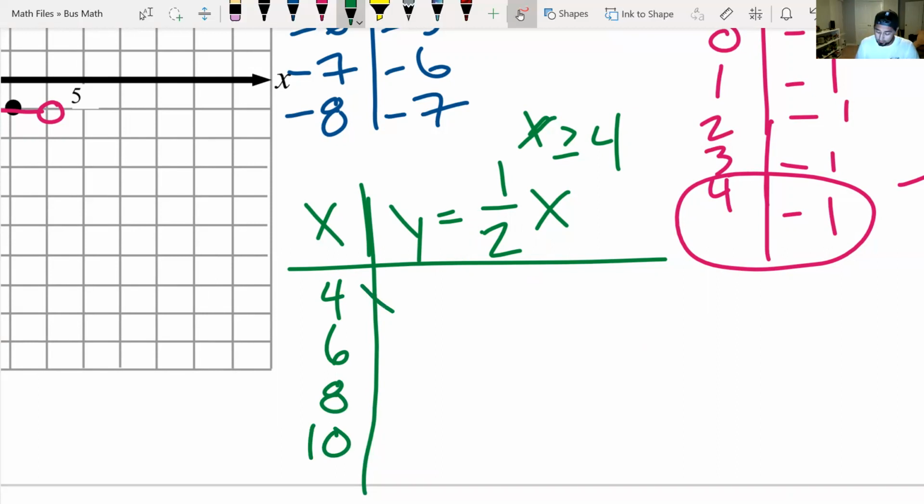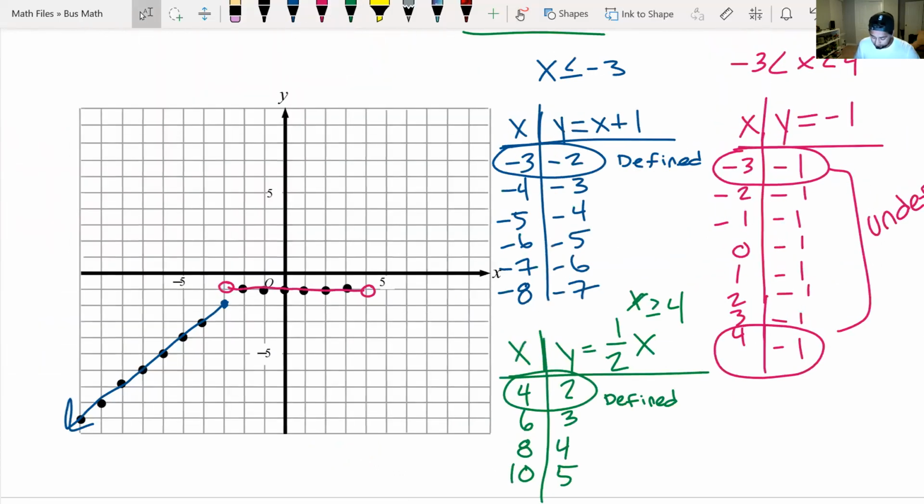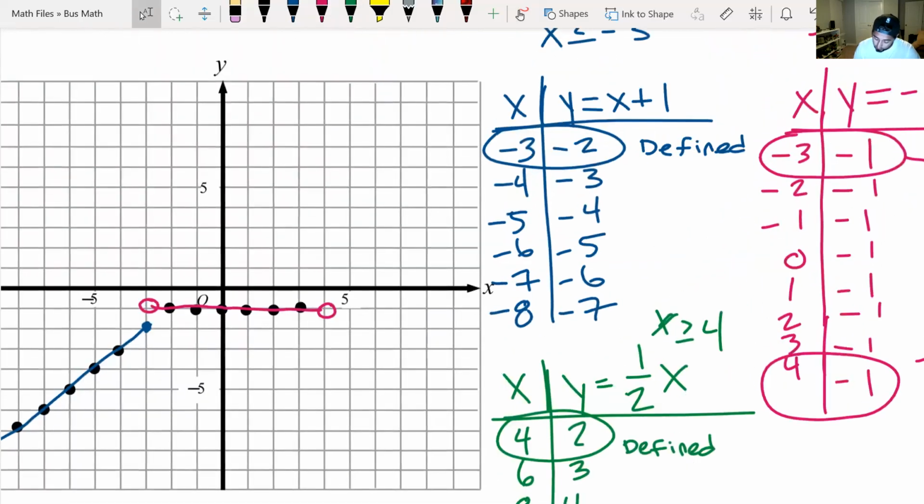Now take all these values and again, plug them in for x. So you're essentially just taking half of all the numbers. So 2, 3, 4, 5. And this said greater than or equal to 4, which means 4, 2 will be defined, which will be a closed circle. So 4, 2.